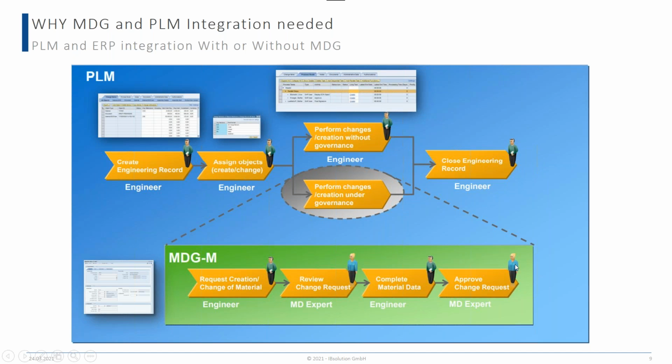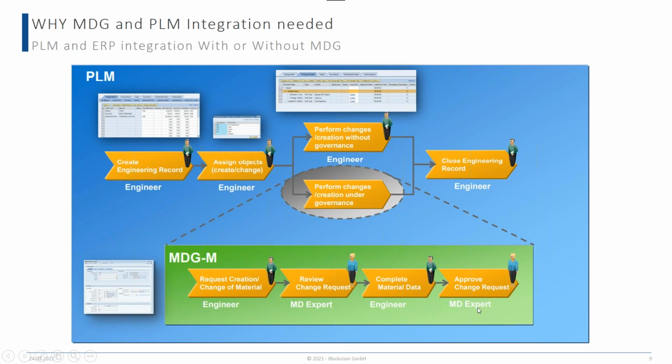Once they approve, the information will flow back to the PLM and the PLM activity will continue. In this place, you can see there was no governance process. So the data maintained in the PLM, no one is there to review, and the data they have done is kind of final. And then after that, the engineering change will be closed.